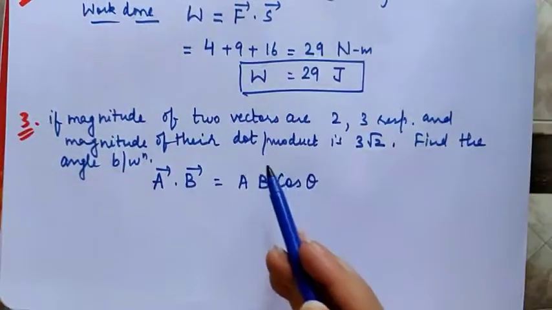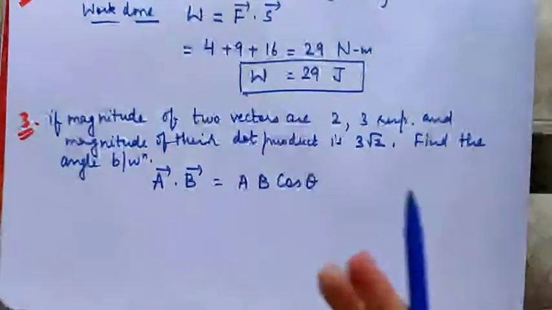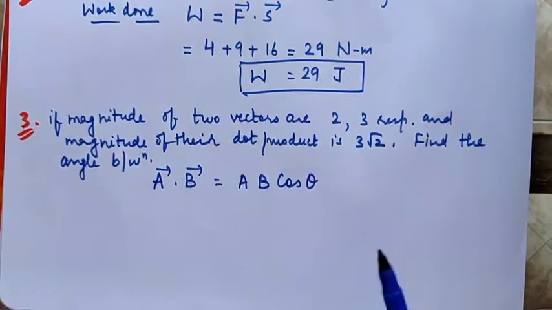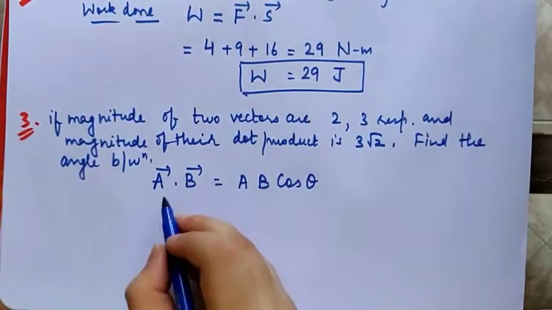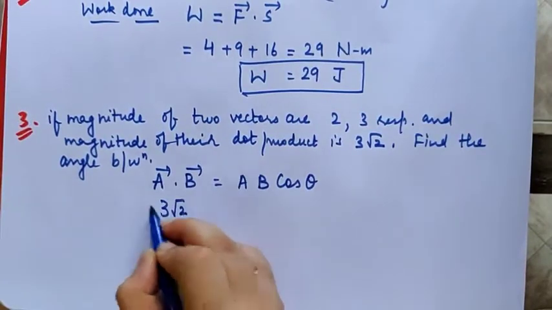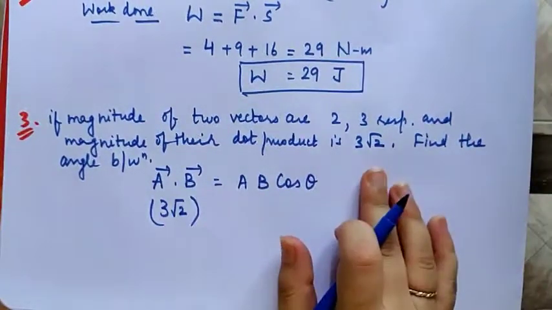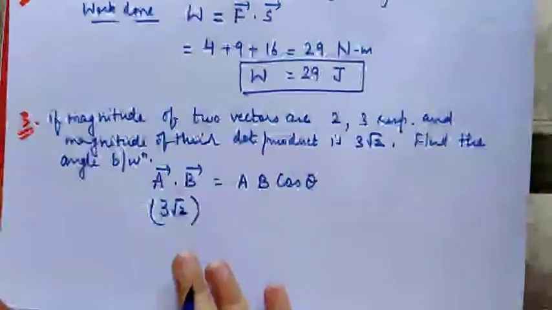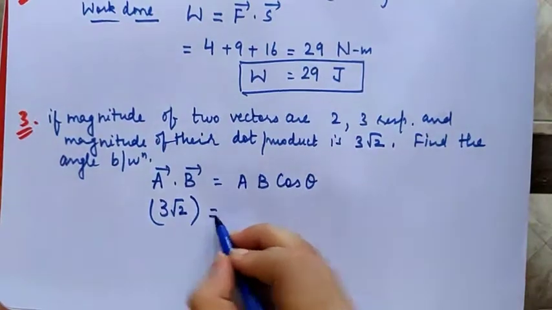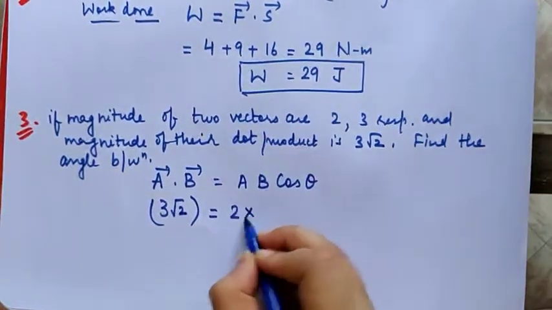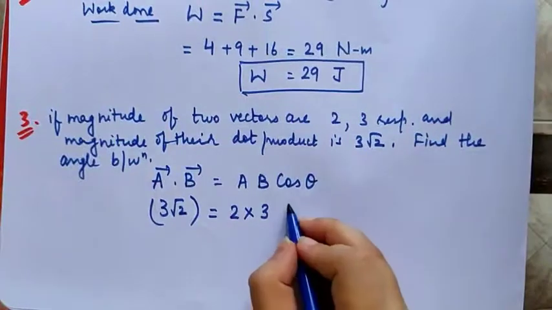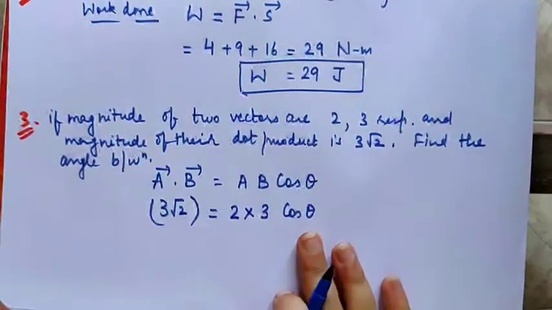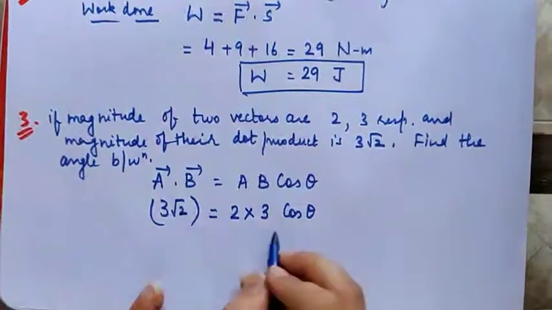We know dot product is always scalar, so whether you call it magnitude of dot product or simple dot product, it is the same thing. So it is given to be 3 root 2. a dot b is given to you as 3 root 2. a and b, we have supposed ourselves. You can suppose the names of vectors on your own, whatever you like, but I have supposed the vectors to be a and b. Now what is the magnitude of first? It is 2. What is the magnitude of second? It is 3. cos theta, because we don't know what the angle is, so I am writing cos theta. Now solve this question.